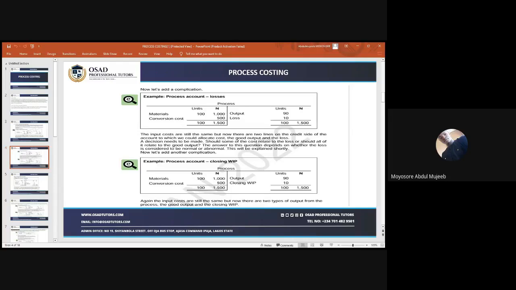It's not meant to happen, but it happened along the line. So it's now on the company to decide if you should spread this 1,500 naira on the 90 units that you were able to produce, or you account for the loss. Please, do you get that?